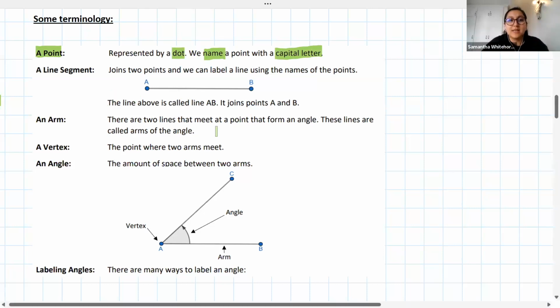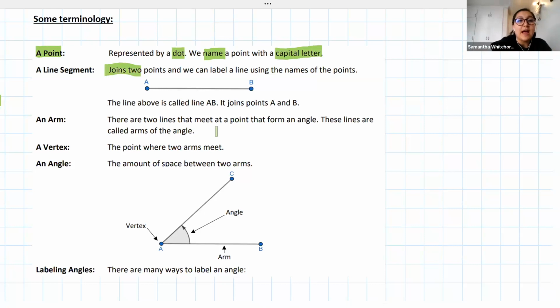Two points can then be joined together, and this forms a line segment. Line segments are going to be very useful to us because they eventually start forming shapes that we're going to work with. We work a lot with triangles in geometry, and when we start to work with our triangles, line segments will make up the sides of our triangle.